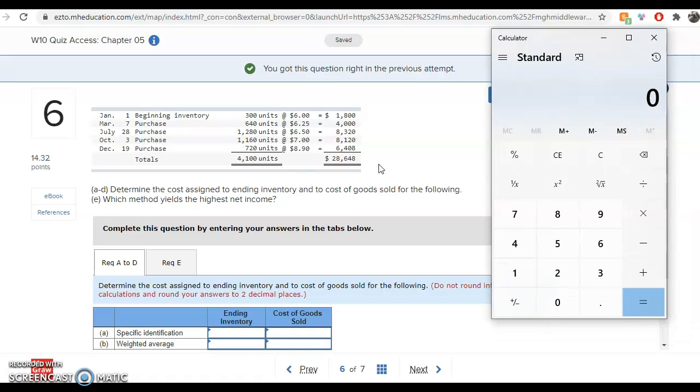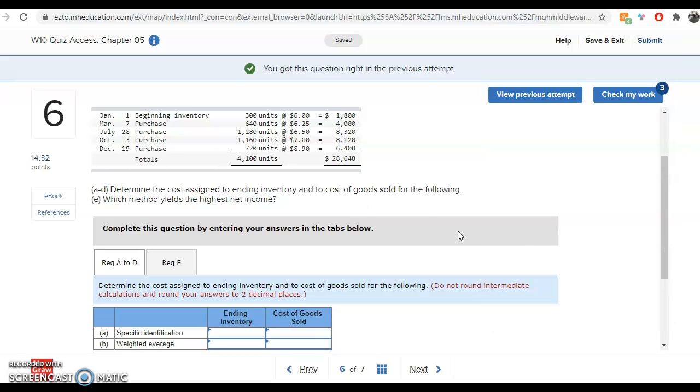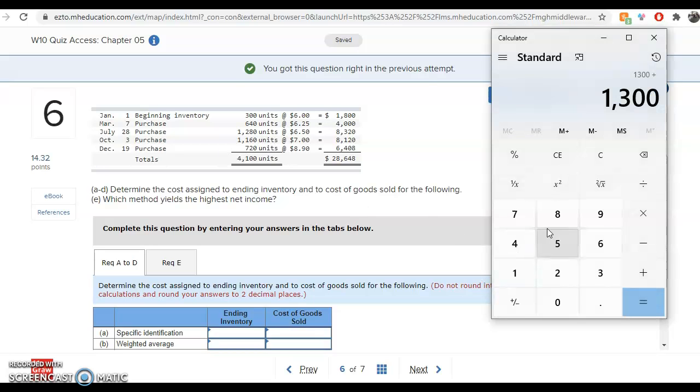So we have 200 from this purchase at a cost of $6.50, so 200 times 6.5. Make sure to use decimals. Then 200 times this one, which is $7. I messed up somewhere.